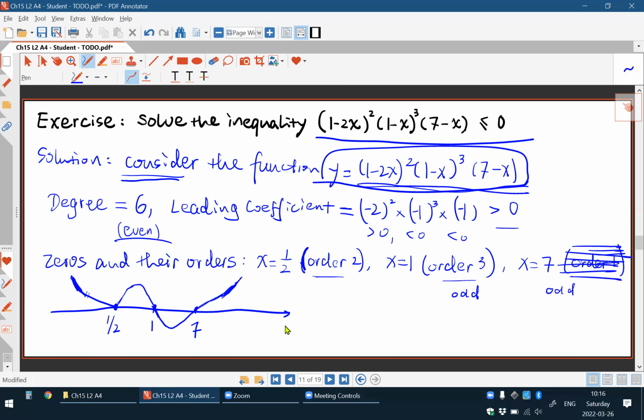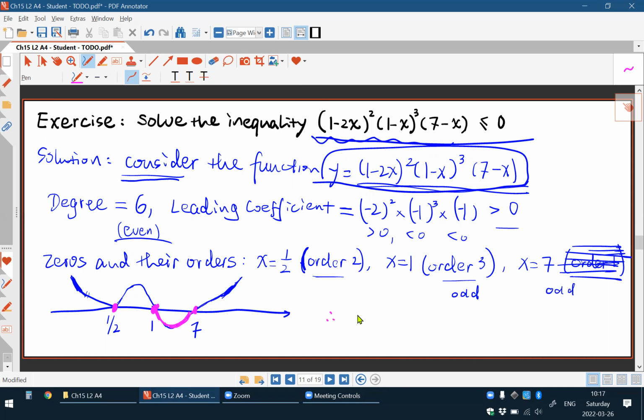Then using this sketch, we can find any interval that can make this function, this is our function, right, less than or equal to 0. Okay, so let's find all the intervals that can make this function less than or equal to 0. First of all, this point will do, this point will do, this point will do, and less than or equal to 0, this interval will also do, right?